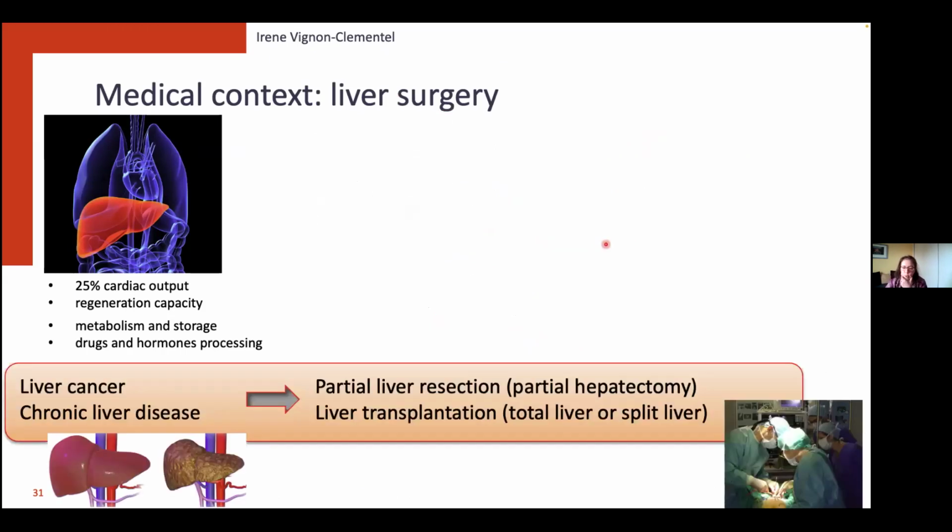The risk associated with either partial liver resection or transplantation of a small liver is that at the end of both of these procedures, you have a much smaller liver than at the beginning. It's a little bit like when you go on large highways on vacation, and all of a sudden they are rebuilding, and you have three lanes blocked.